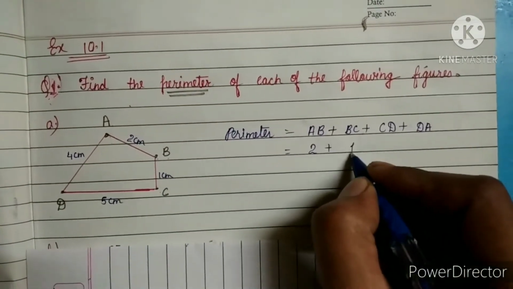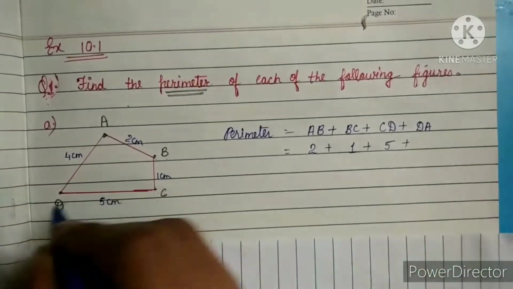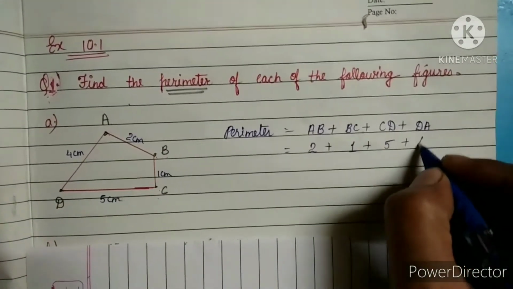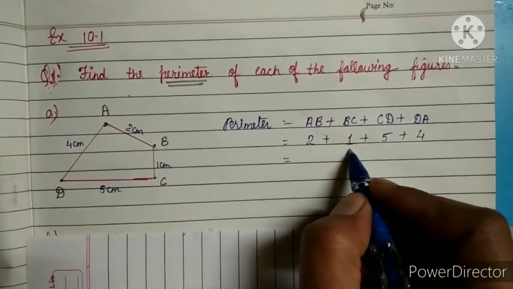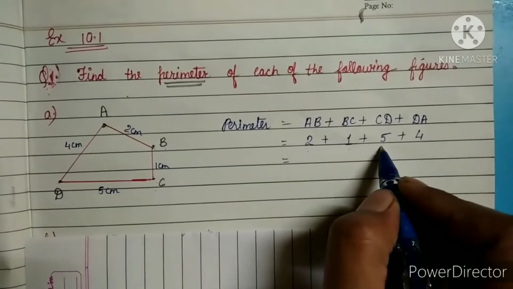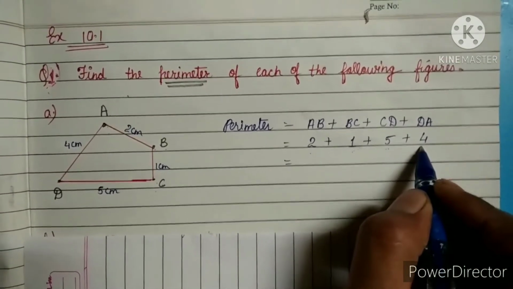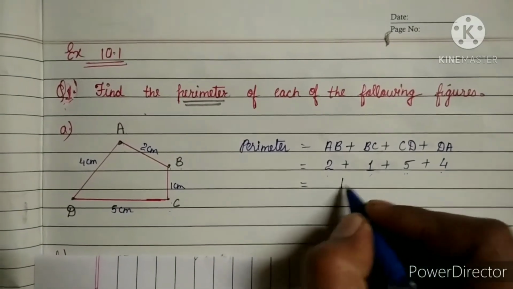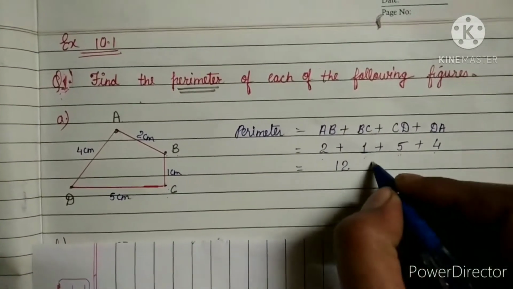BC is 1, CD is 5 and DA is 4. Now we simply add them. 2 plus 1 is 3. 3 plus 5 is 8. 8 plus 4 is 12. So its answer is 12, and centimeter will be the unit.